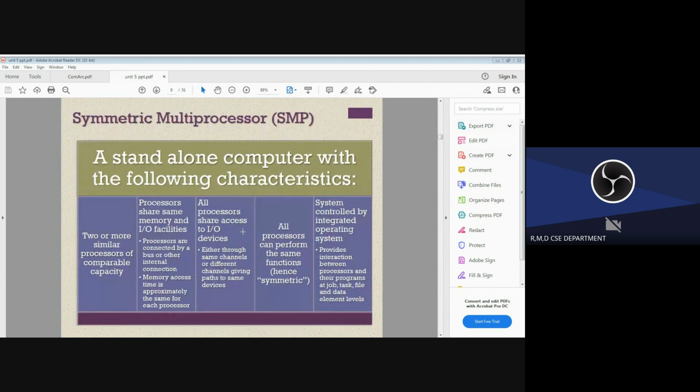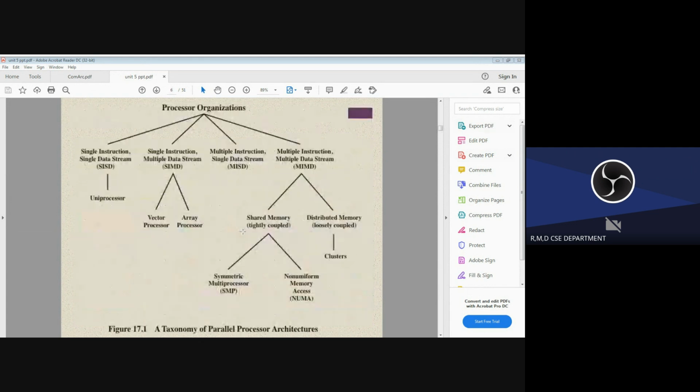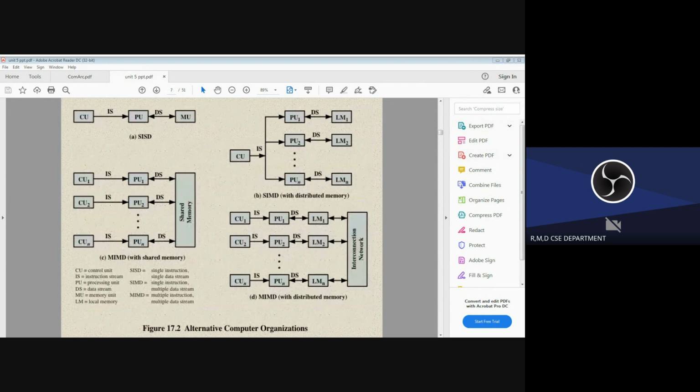This is the block diagram of that. SISD means one control unit, one processor unit, and one memory unit. A single instruction stream is given and a single data stream is given. In SIMD, there is one control unit.